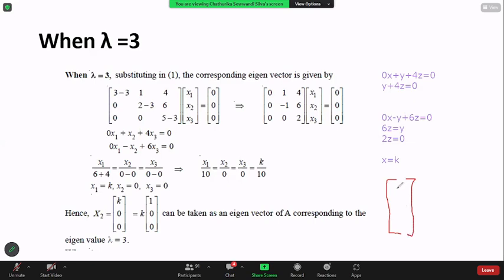The x value came as k, the y value 0, the z value 0. So here also we can take k out. Now you can see, if we take k out, we get 1, 0, 0. This is the eigenvector of lambda equals 3.